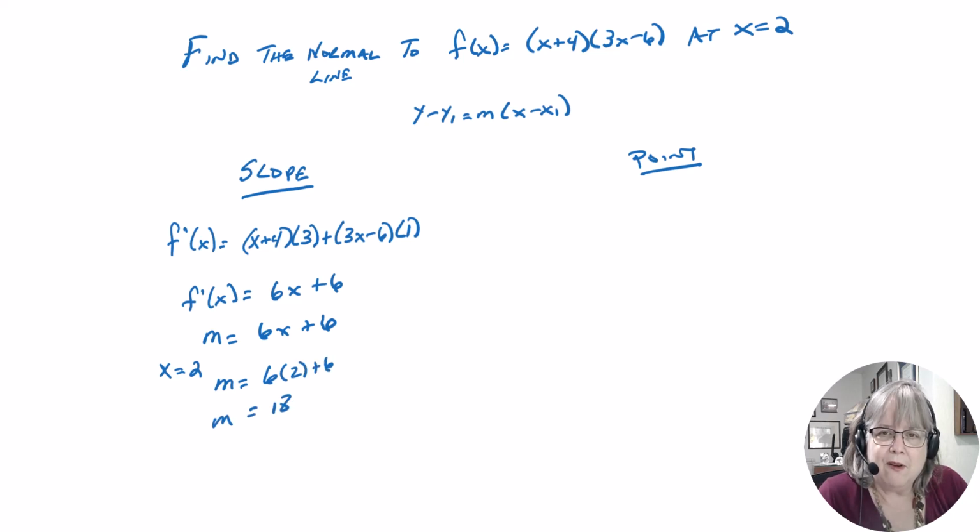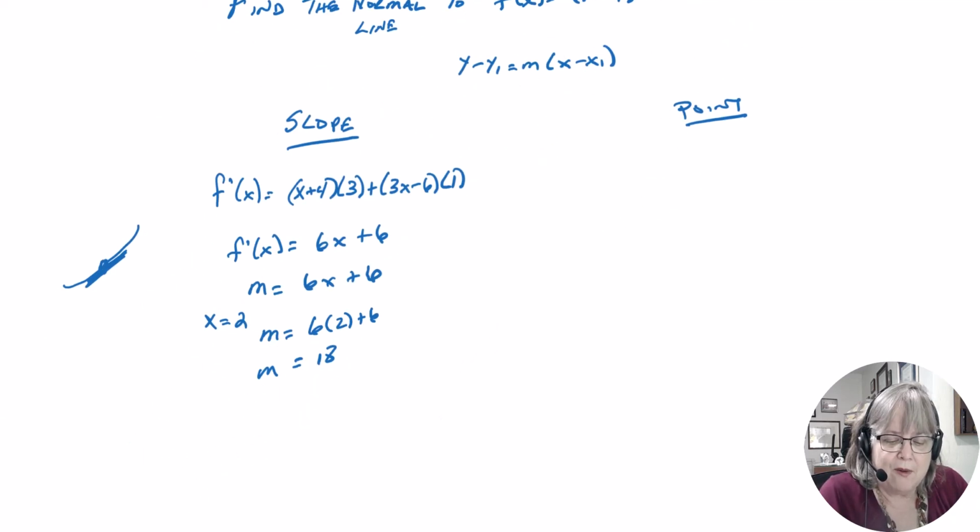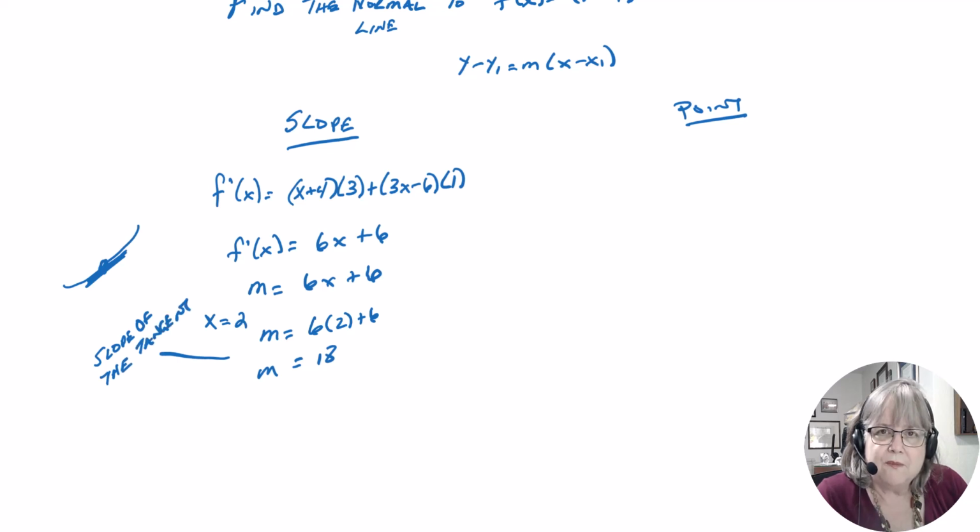Now, be very careful. This is saying that somewhere along some curve, wherever you are, this is the slope of the curve at that point. So I don't care what they asked you up here, when you use the derivative, this is always going to be the slope of the tangent at that point.